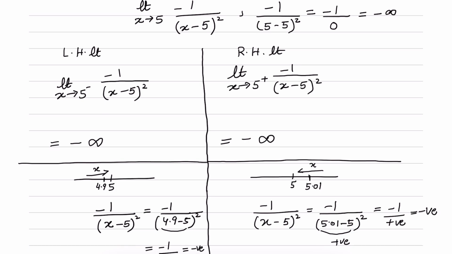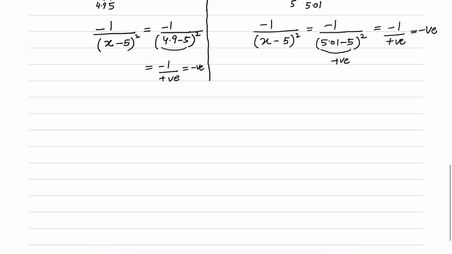Now you can see here that both the left hand limit and the right hand limit answers are minus infinity. So it is not necessarily true that whenever you have to find the right hand limit your answer will be plus infinity. It could also be negative infinity.